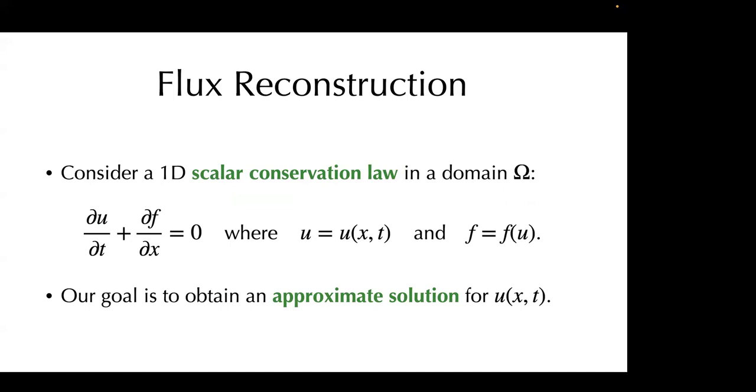So we have our PDE, partial u, partial t, plus partial f, partial x is equal to 0, where f is a flux function, potentially nonlinear, and u is our solution. And our goal is to obtain an approximate solution for u at any point in space and time.